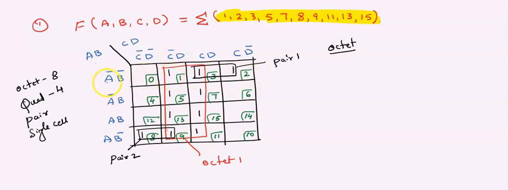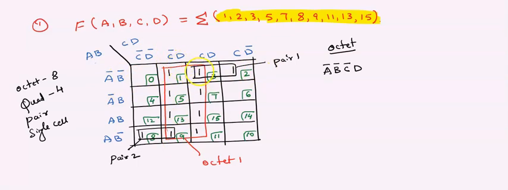So here, A complement, B complement, C complement, D, as this one lies in this row and this column. This row name is A complement B complement, and this column name is C complement D.